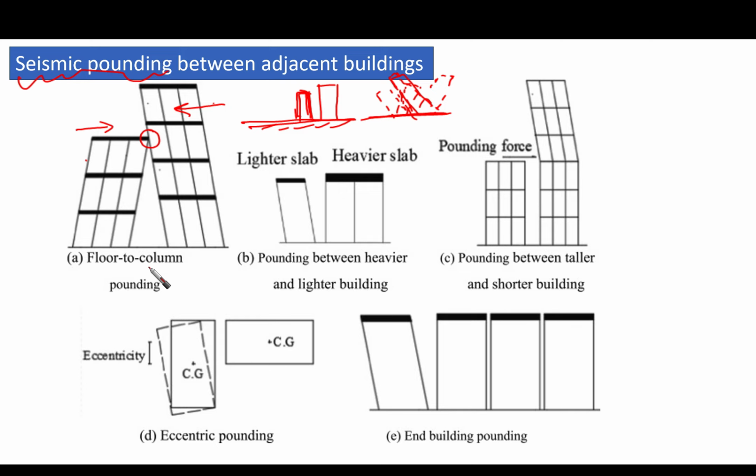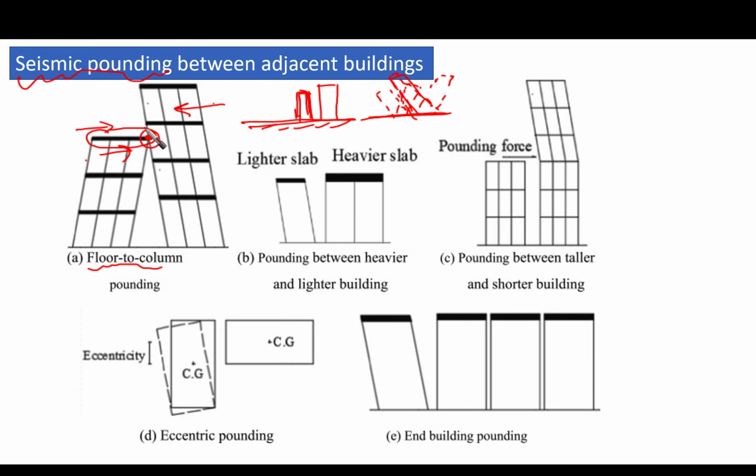Sometimes it happens in different situations. For example, this is one of the worst case scenarios, where the floor makes seismic pounding with the column. You can imagine the floor mass moving with acceleration and pounding the structure at this column.